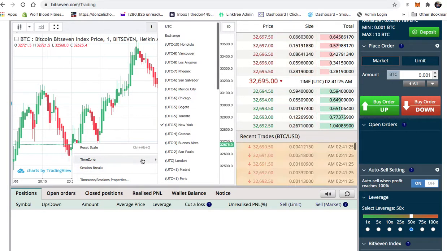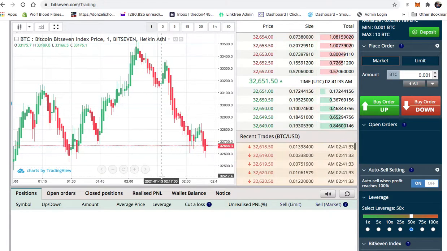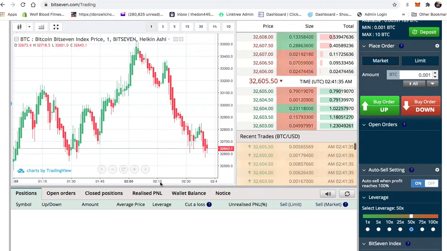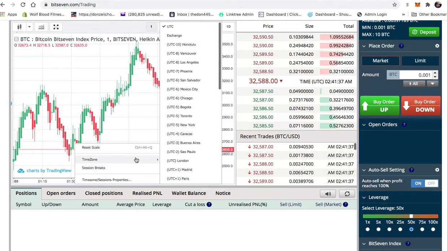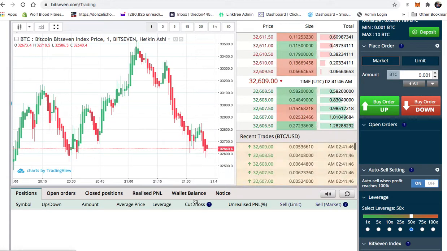You can change your time zone. Right now I'm set up for New York time. Typically, the default is UTC. I'm not sure exactly what that is, but I set that up for where I'm at, where my time zone would be considered New York time zone.